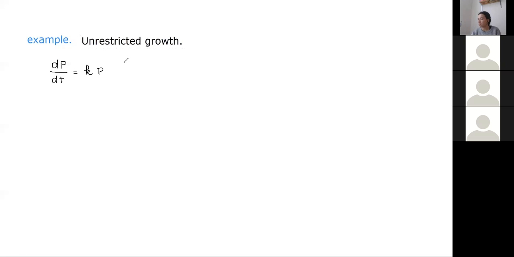This is the first thing that we said. Another way of writing this was that the derivative of a function is equal to some constant times the original function.